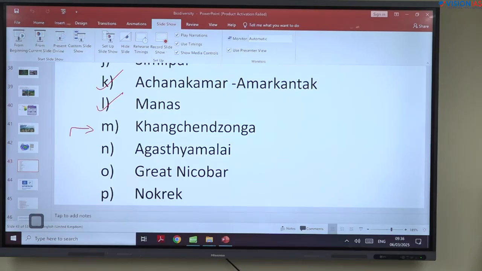Named after Kanchenjunga mountain peak, and is part of Great Himalayas, in Sikkim.